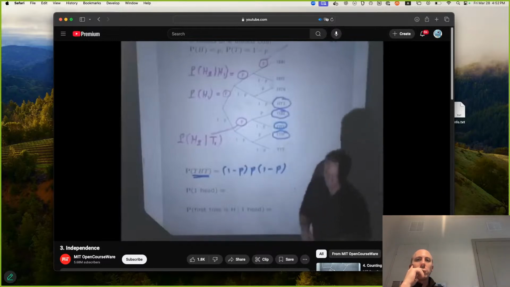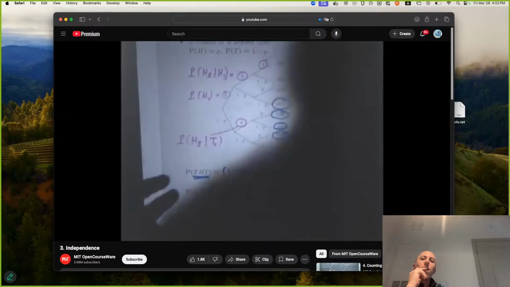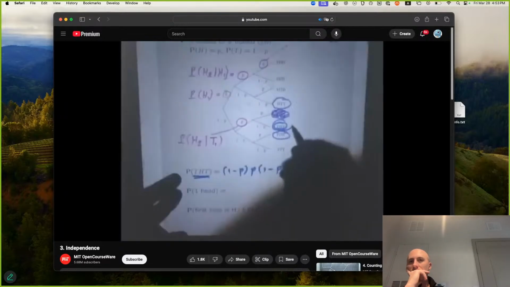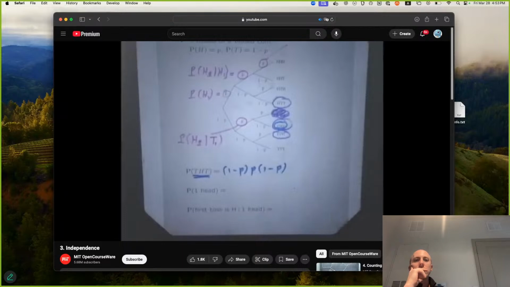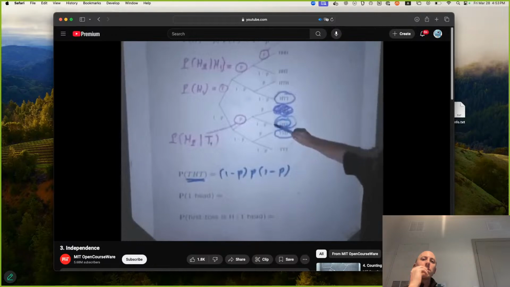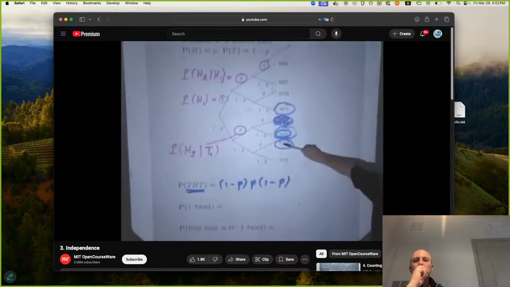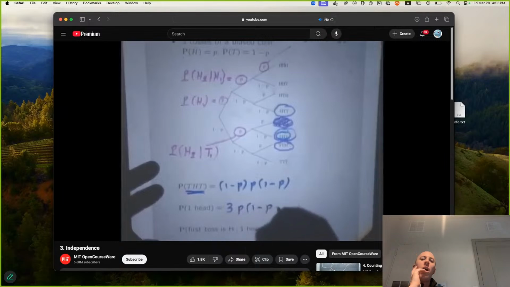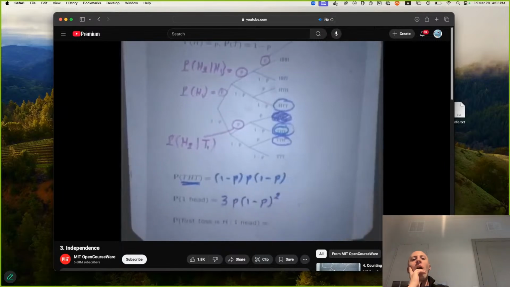The probability of this outcome is 1 minus P times P times 1 minus P, the same probability. And finally, this one is again 1 minus P squared times P. So this event of one head can happen in three ways, and each one of those three ways has the same probability of occurring, and this is the answer.